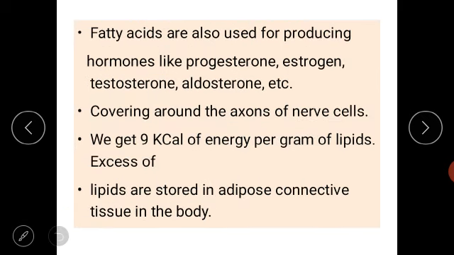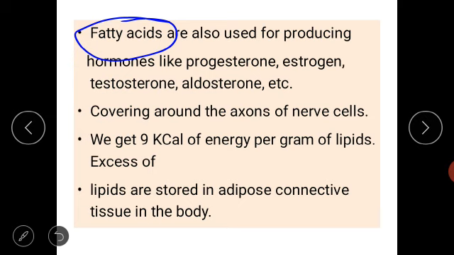Fatty acids are also used for producing hormones like progesterone, estrogen, testosterone, aldosterone, etc., which are produced with the help of fatty acids after the digestion of lipid.